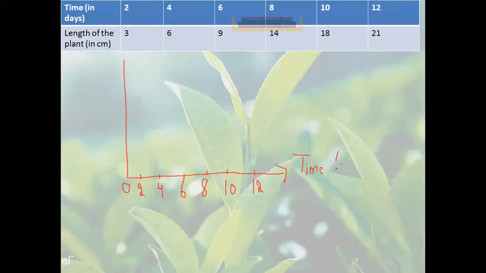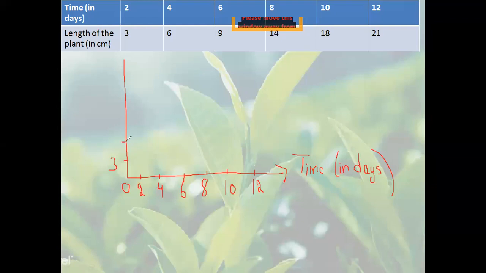And sure, if you have to do a graph, it should be done on graph paper. No graph paper means that the graph will be cancelled and the mark of this graph also will be cancelled. On the y-axis, every 1 centimeter represents 3 centimeters.